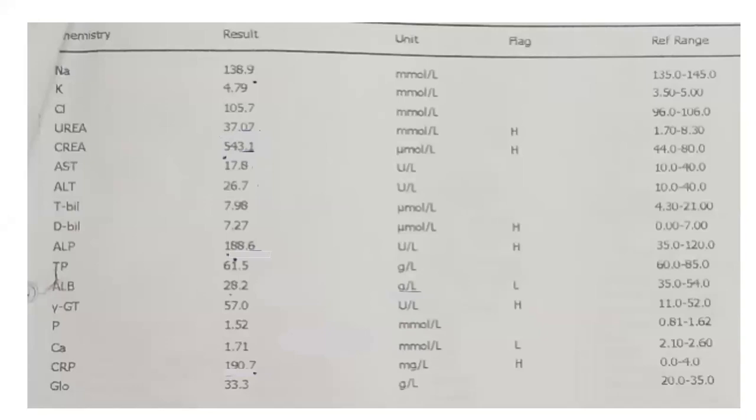Okay, now we have an image showing extended UECs, meaning sodium, potassium, chloride, urea, creatinine. In this same image, we have LFTs, meaning AST, ALT, and gamma GT, which is YGT.